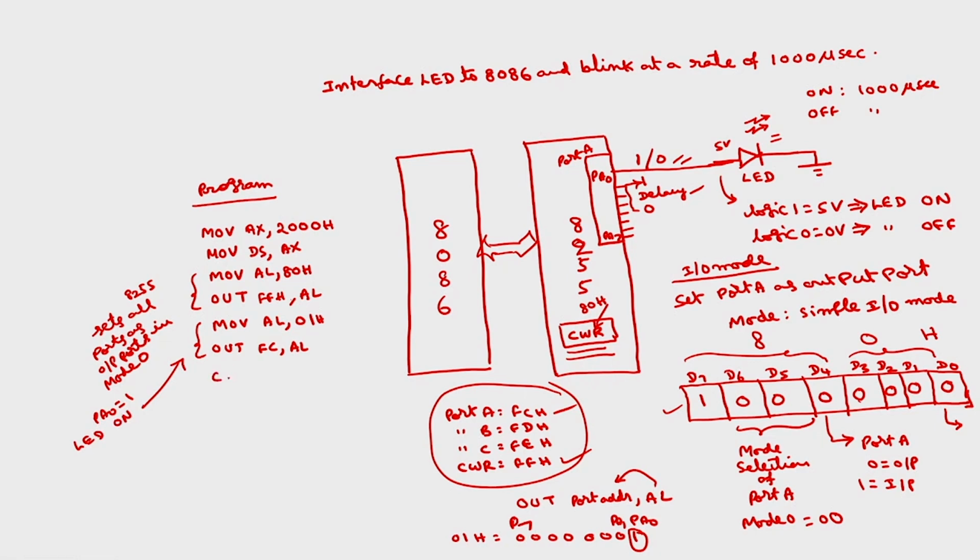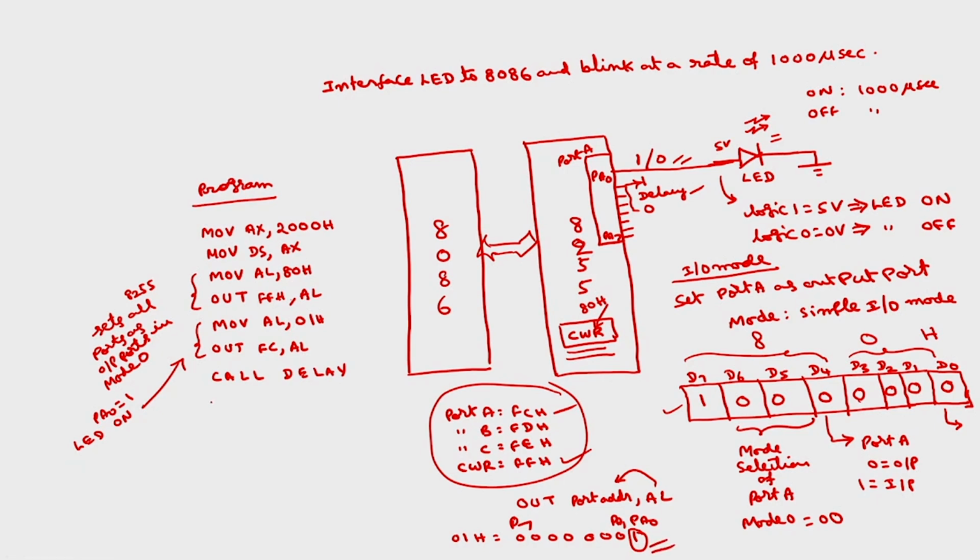Then I have to call the delay program. I will discuss how to write the delay program after this program. The rate at which you want to blink this LED, you can set that delay using the subroutine. Then after this delay, what you have to do? You have to make the LED off, which means PA0 should be 0.